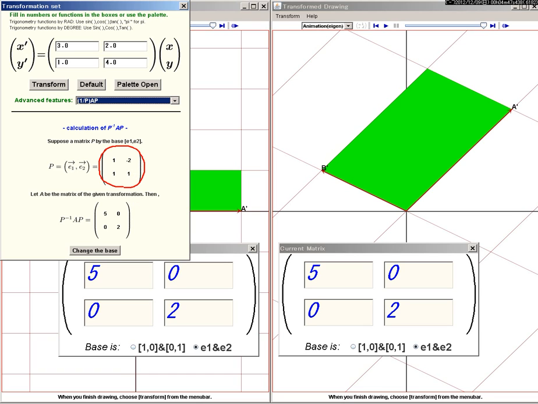Now P is (1, 1) and (-2, 1). And if you calculate P inverse BP, you get (5, 0; 0, 2).